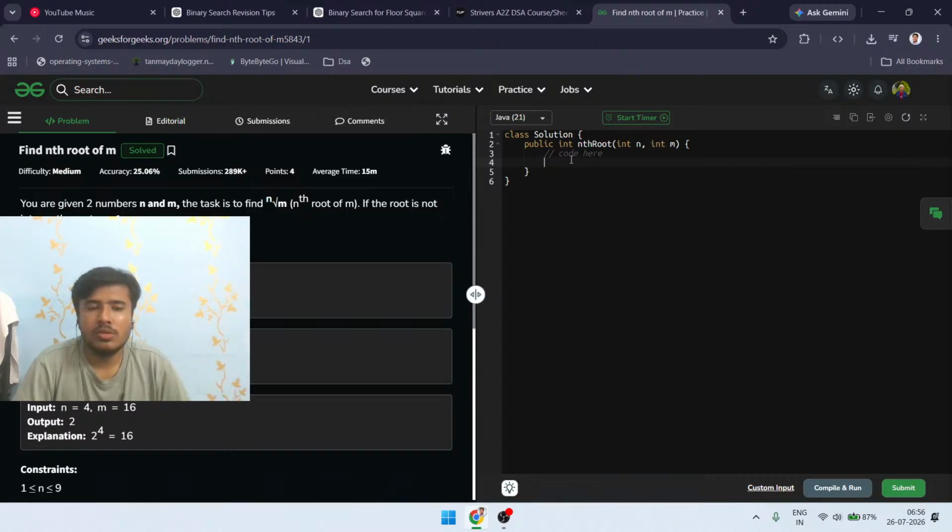What would be the approach? The most sensible thing which I'm again getting is that the root will lie between 0 to m.